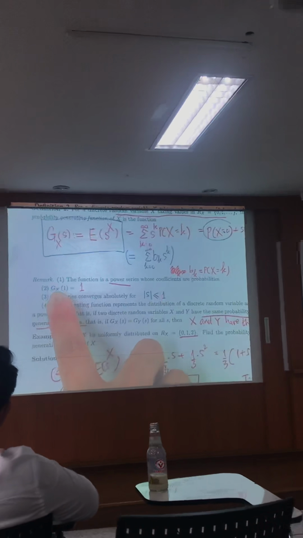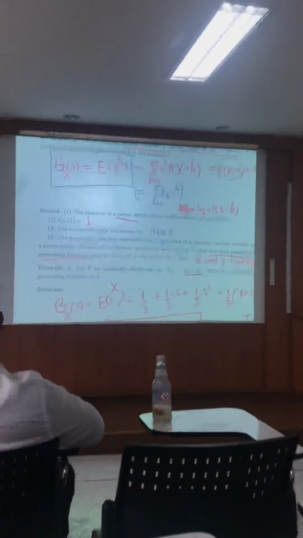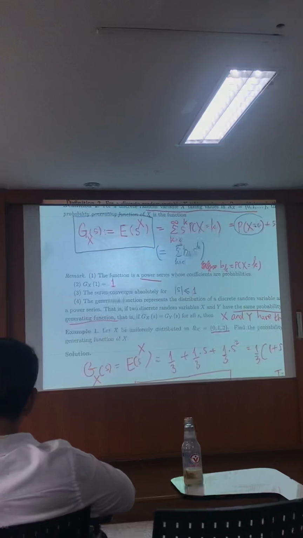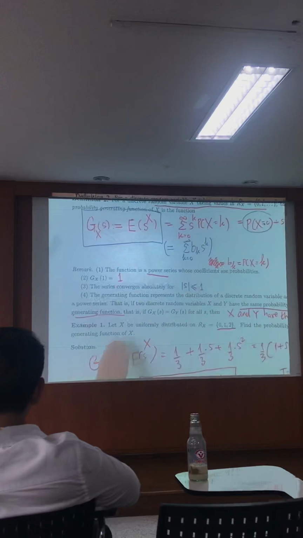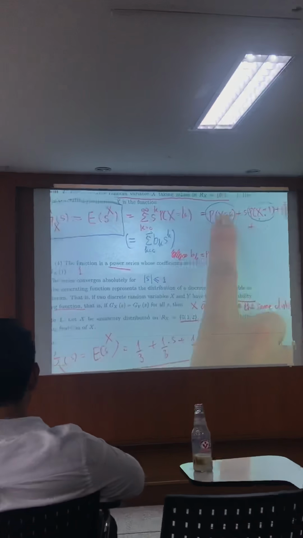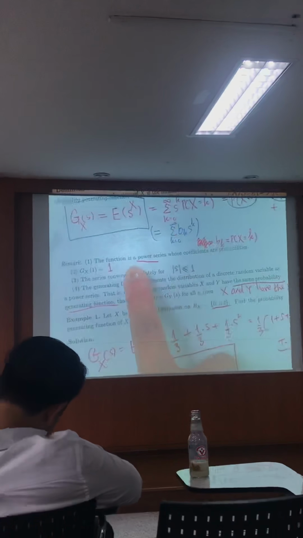The first thing is that if I plug in s equals 1, for any generating function, if I tell you that G is a generating function of a random variable X, then G(1) is always 1, right? This is because when we plug in 1 here, you get back the sum of the PMF. That's why it's always 1.